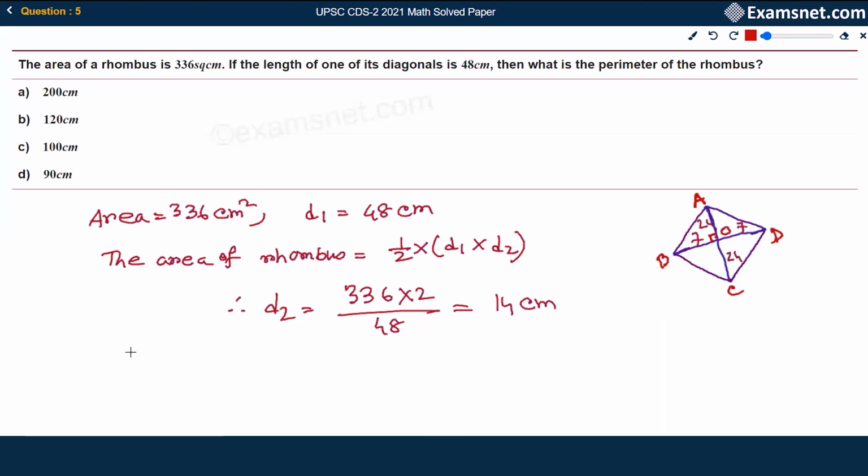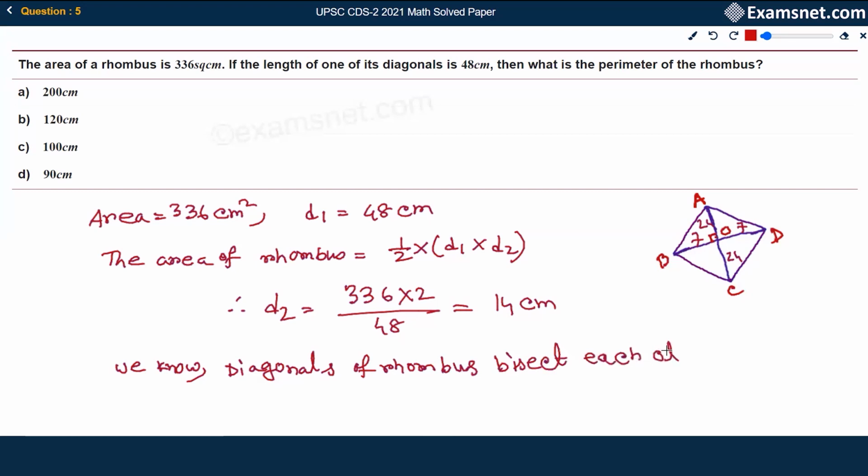Okay, so we know diagonals of rhombus bisect each other at right angles.